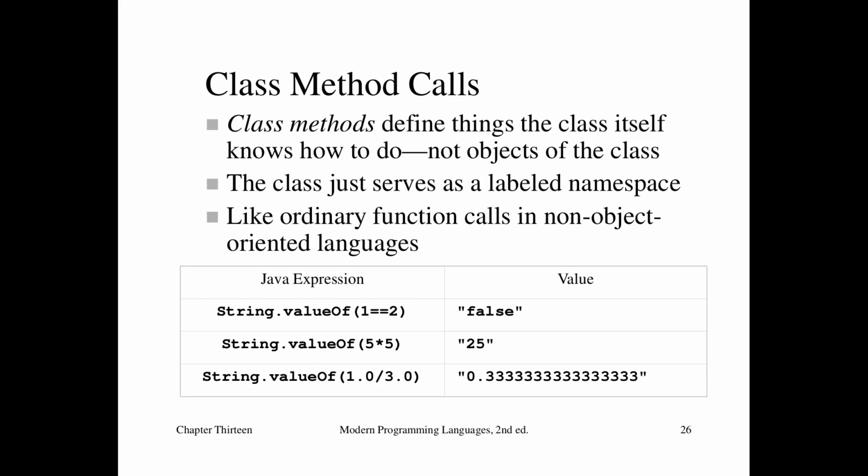If we think of packages in which we define our classes as a namespace that holds the class, we can then define the class as a namespace itself holding methods that, if they're defined static, are just a part of that module, the class. So they're similar to ordinary function calls in other non-object-oriented languages. They just happen to have a namespace attached.